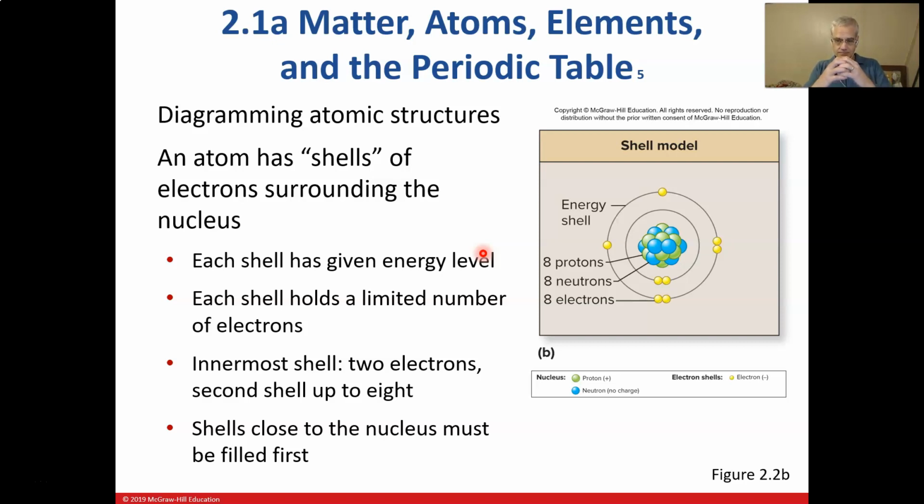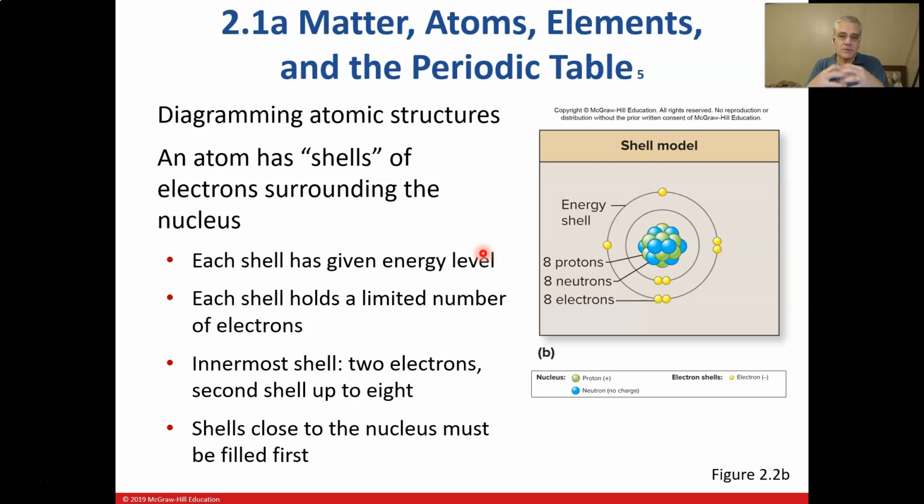The shells can hold only a certain number of electrons. And it depends on which shell you're talking about. And these shells, you can think of them as planets orbiting the sun. It's a little bit different than that, but let's think of it. So the innermost shell of our solar system would be Mercury, flying around the sun.